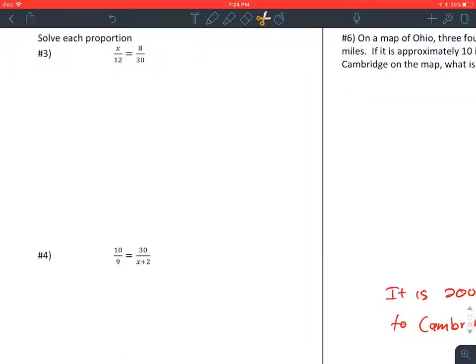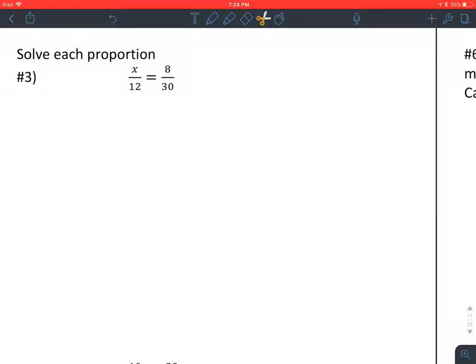Number 3, solve this proportion. We could simplify the fraction on the right at the beginning if we wanted, and I believe I do want to. We can divide the top and bottom by 2 and get 4 over 15. Then I can multiply both sides by 12 to get x by itself.